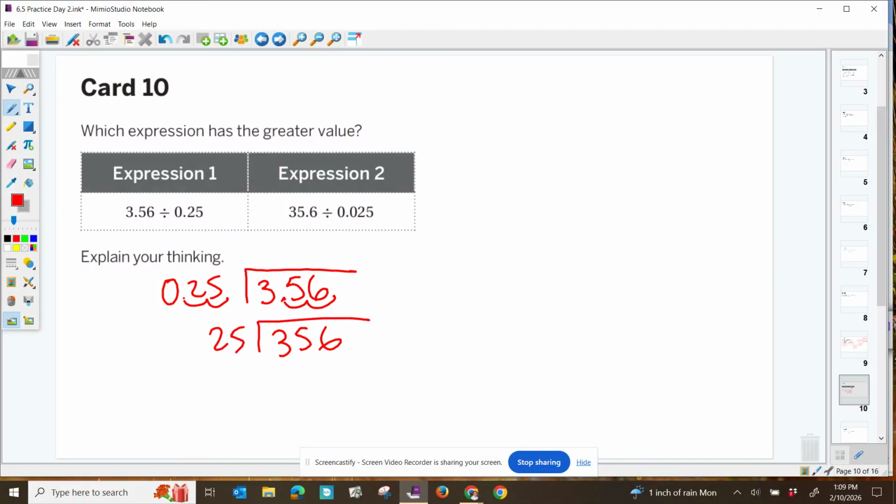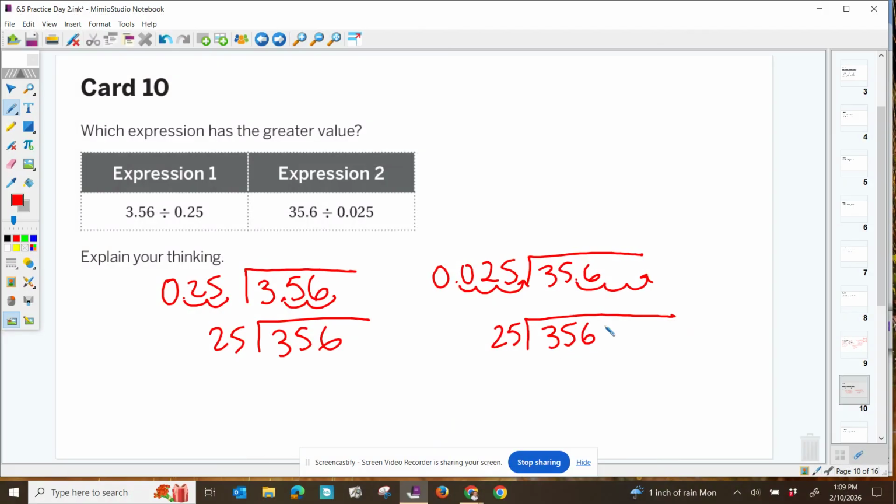Whereas this one is 0.025 and 35.6. When I move this one 1, 2, 3 times, I've got to move this one 1, 2, 3 times. That's like 25 dividing into 35,600. There's going to be way more in expression 2 than expression 1.